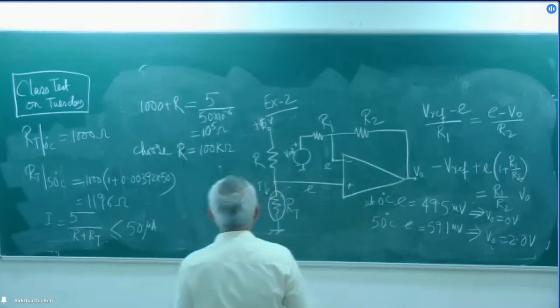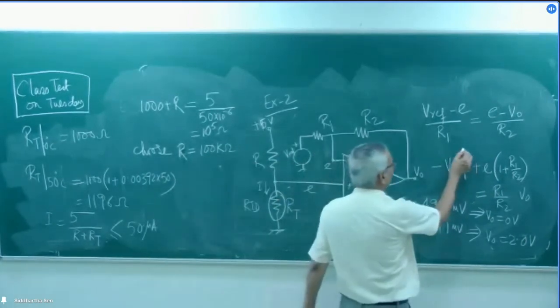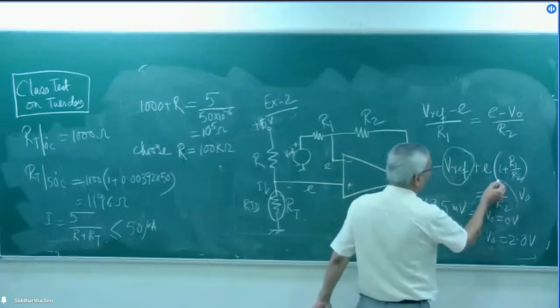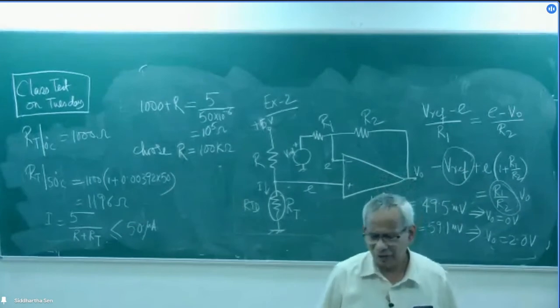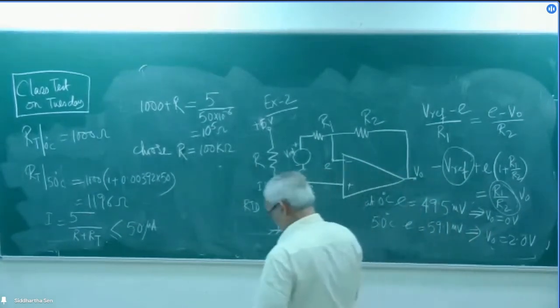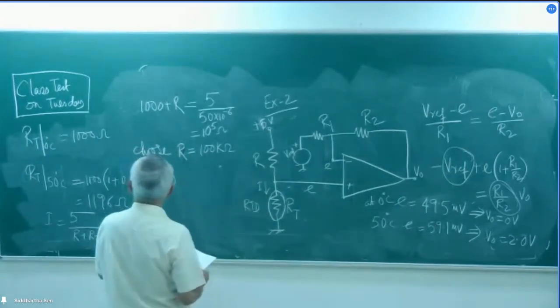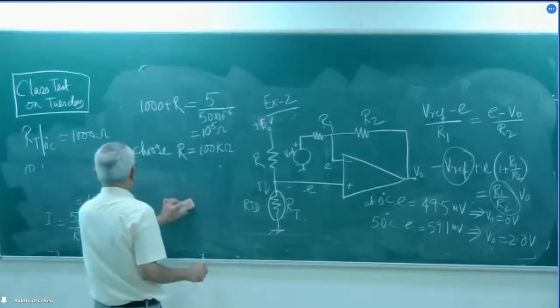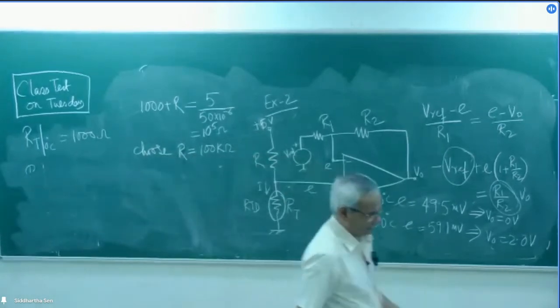So, solving, what are the unknowns? One is V ref and another is R1 by R2 or R2 by R1. So these are two unknowns and two equations; by solving it, please check it. I make many mistakes also, so please check it and correct me.